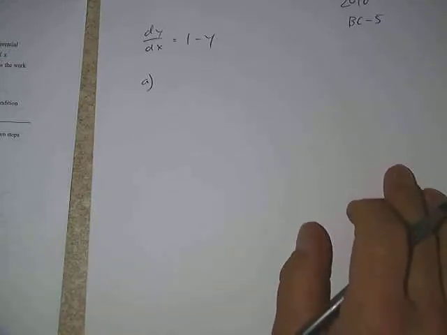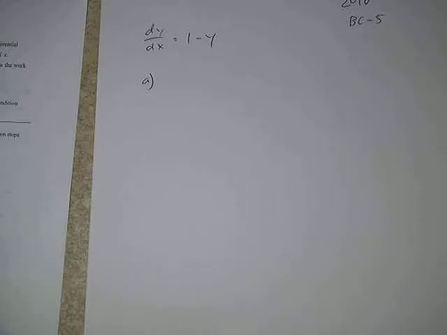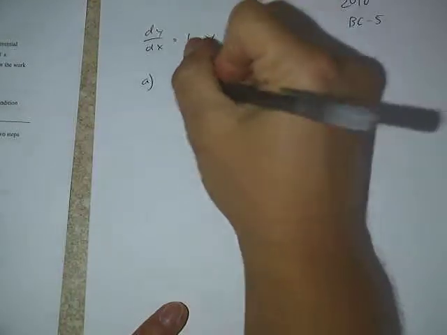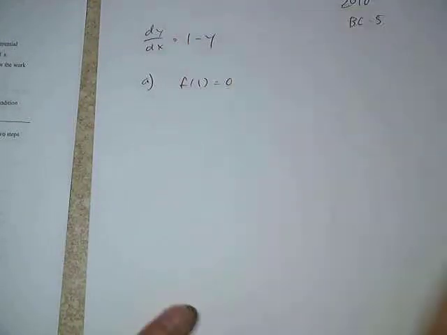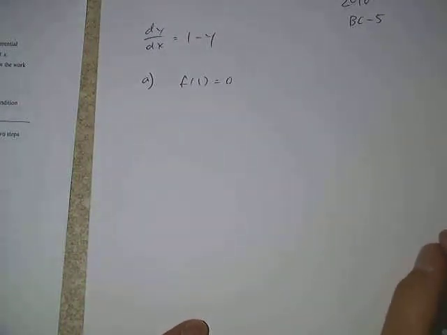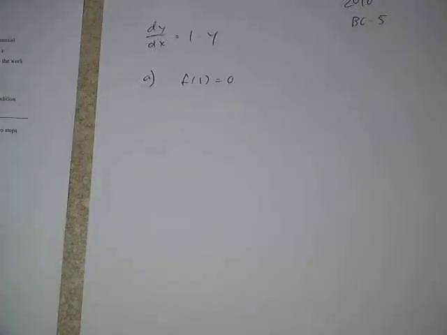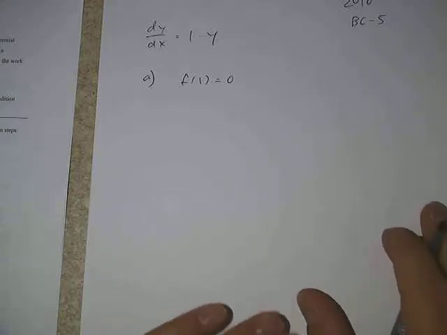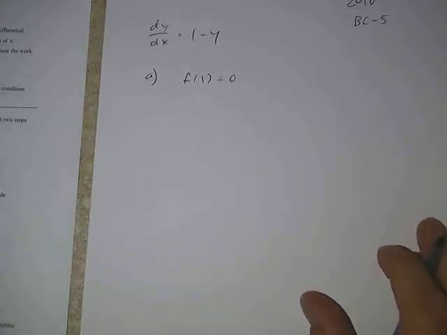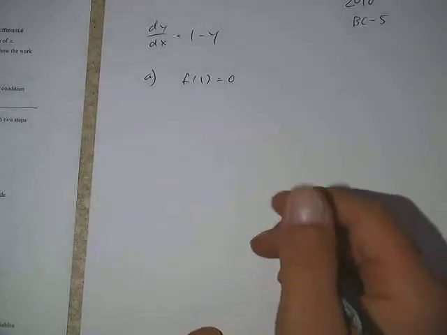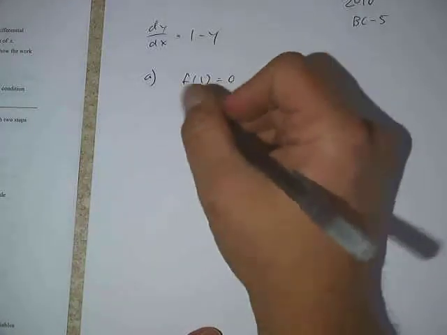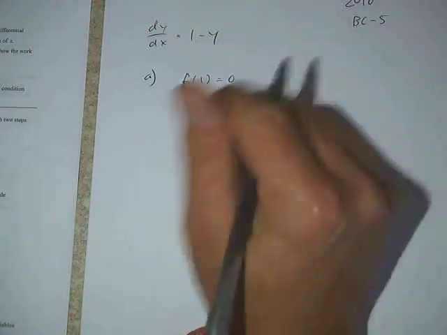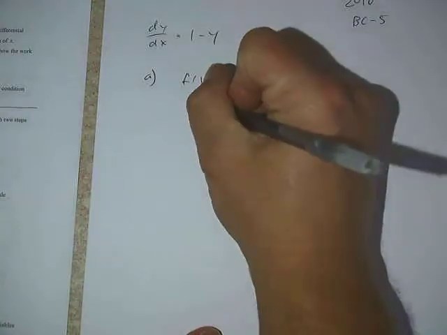And then in part A here, it says to use Euler's method starting at x equals 1, with 2 steps of equal size to approximate f of 0, and show our work that leads to our answer. So we already know that f of 1 is 0, keep that in mind. Okay. They gave us that information. And we want to be able to get an approximation here for f of 0.